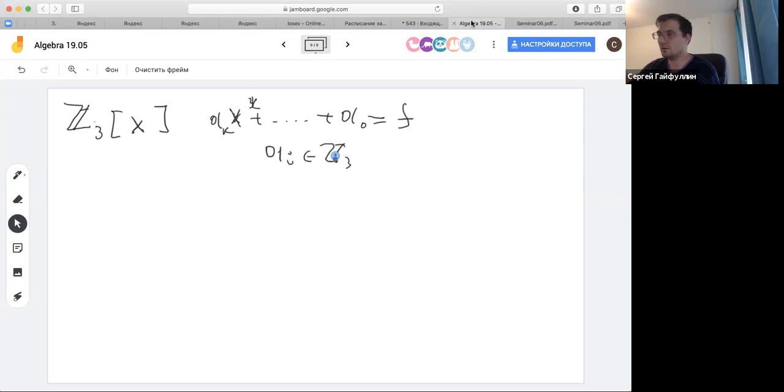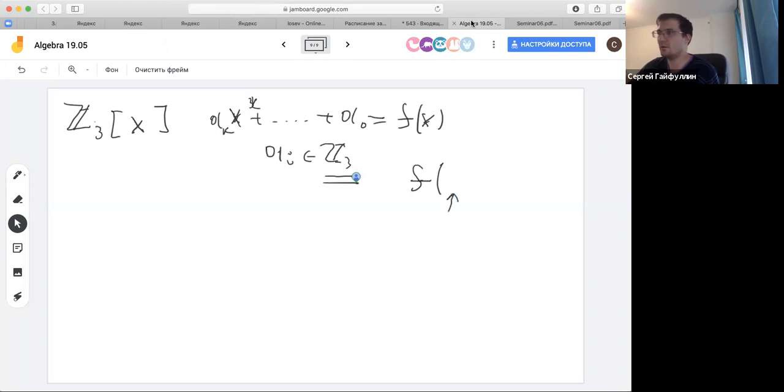But here is f of x. If I want to compute f of some value, some argument, this argument should be from Z3.